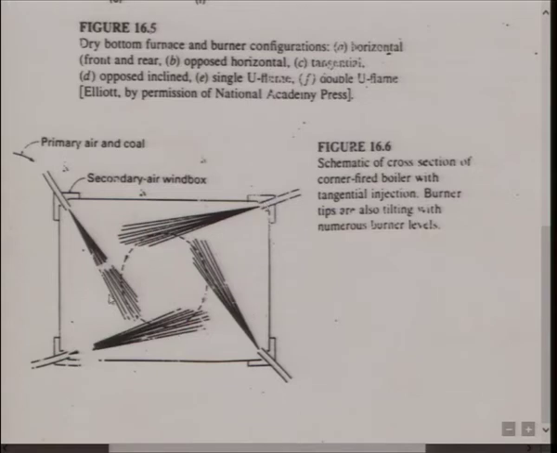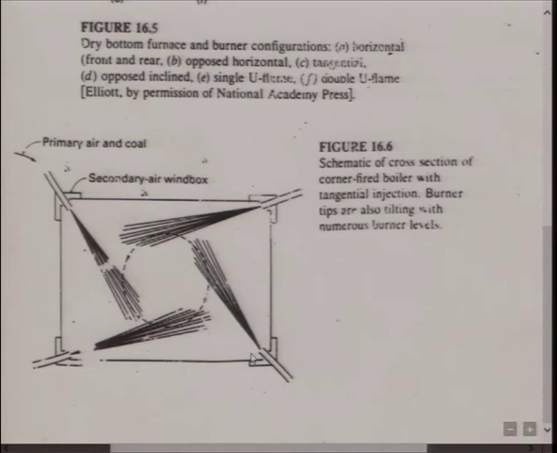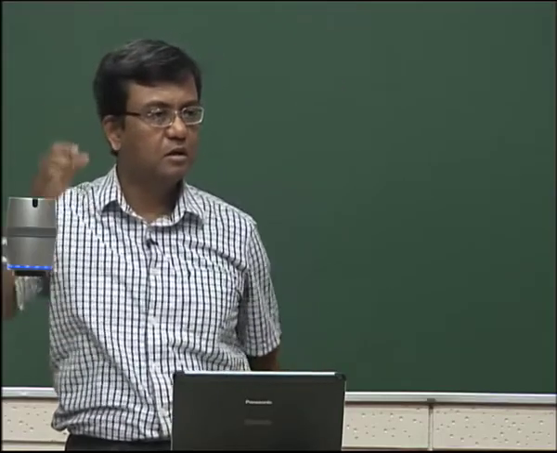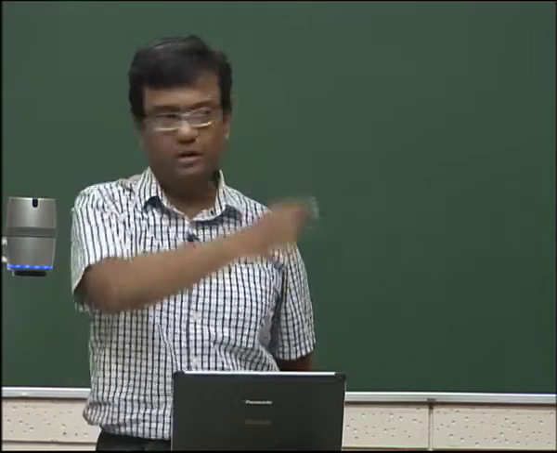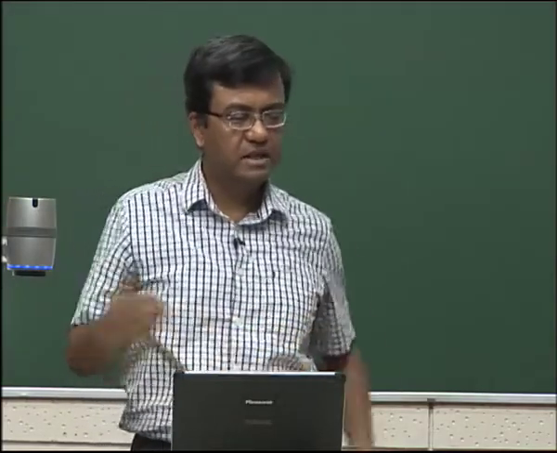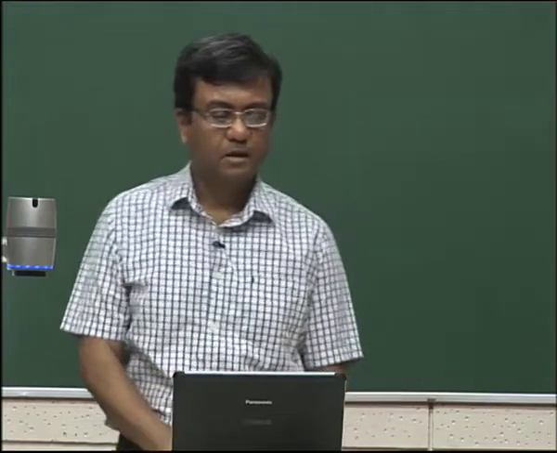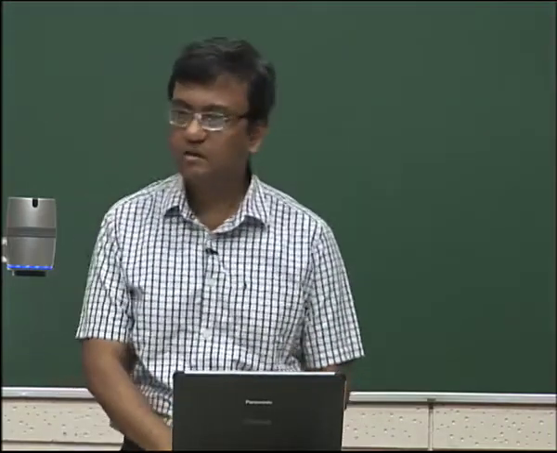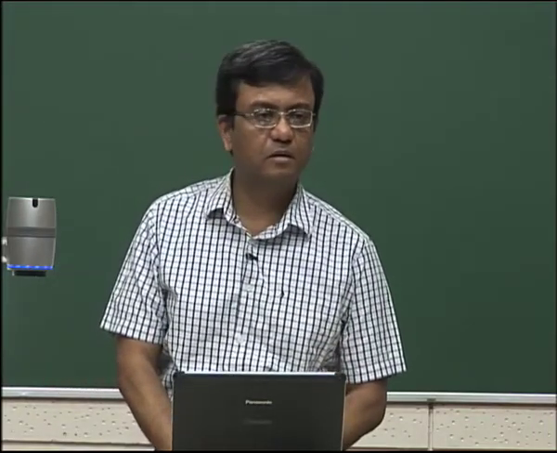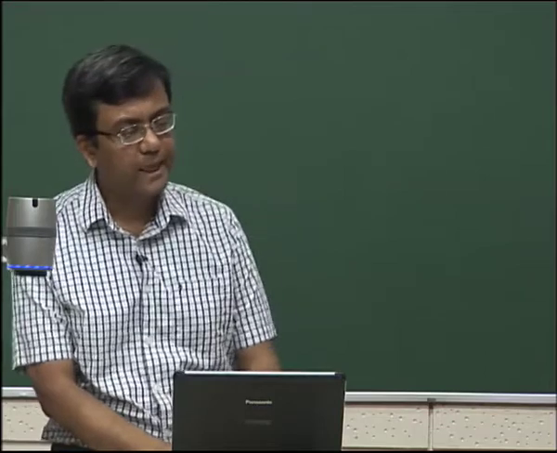It appears to be 4 here, but it can be many more. This is a horizontal section. Think about sections like this above also. So there are multiple burners at different corners, injecting coal and air. The coal comes with the primary air, as you can see in the figure, but there will be additional secondary air also.